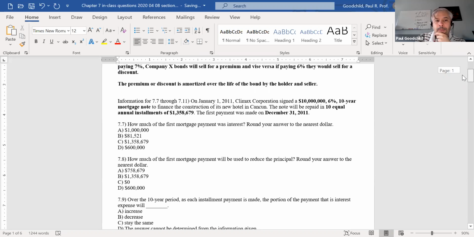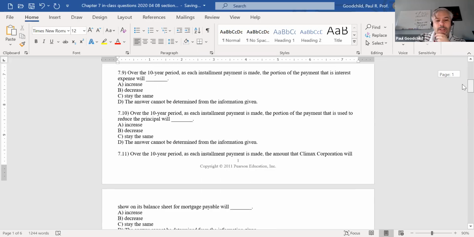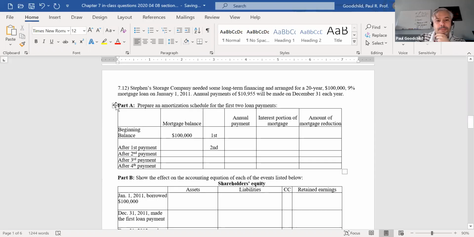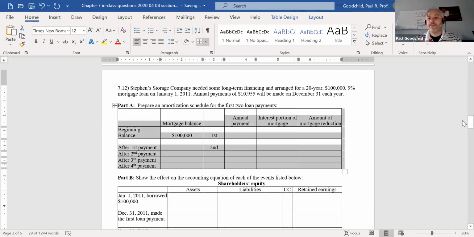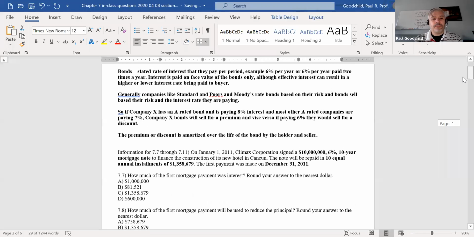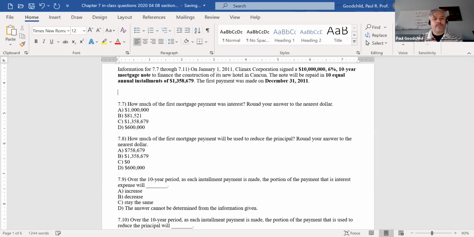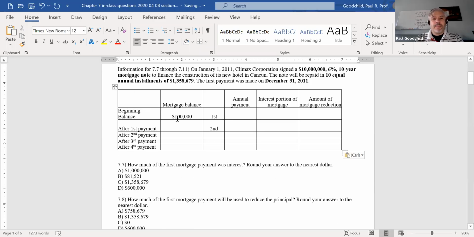So what we want to do is set up a table, and I'm going to pull one from a question below. And we have a balance of $10 million. The annual payment, $1,358,679.